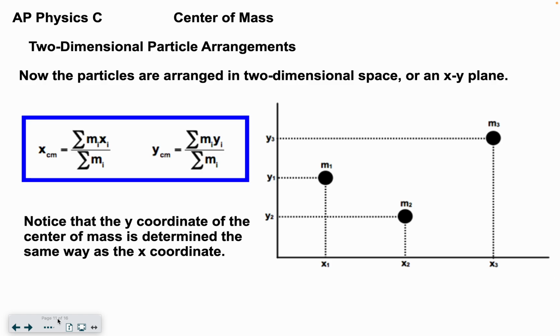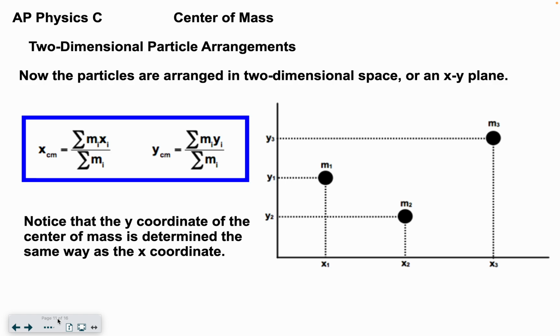So the x formula is the same as it was before. There is a similar version in the y direction. We sum the mx terms and divide by the total mass. Sum the my terms, divide them by the total mass.